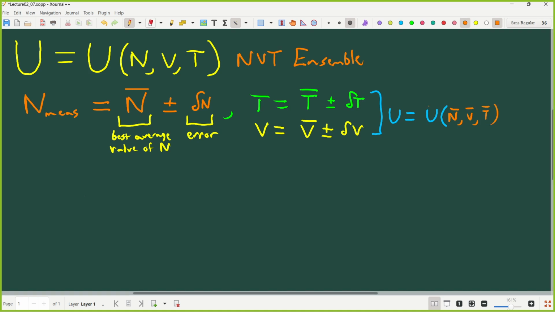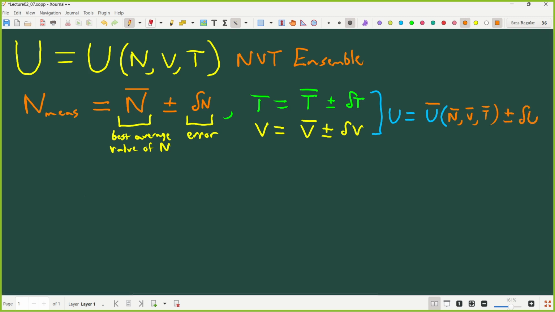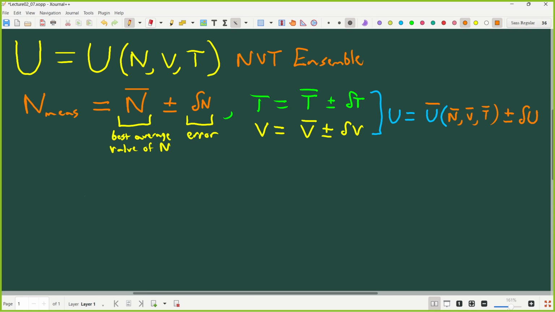That's what we measure, and that's going to have some uncertainty in U. But we don't know what the uncertainty in U is. All we know are the uncertainties in our measurements. We're going to put that into our box, our formula for U, and get some number out. So we know this, but can we approximate what this is, given the uncertainties on the values?